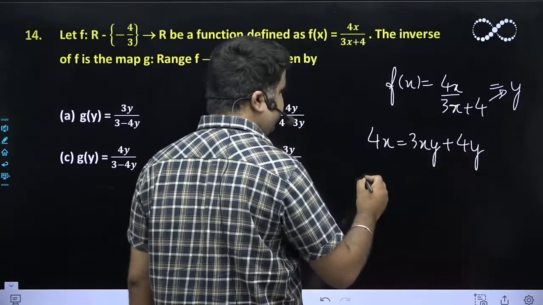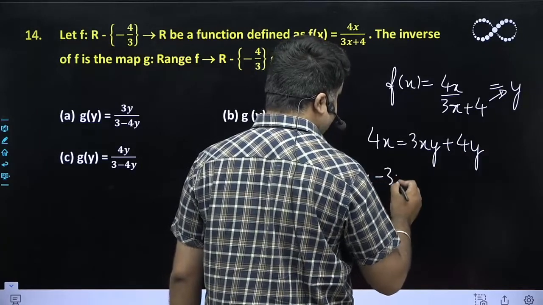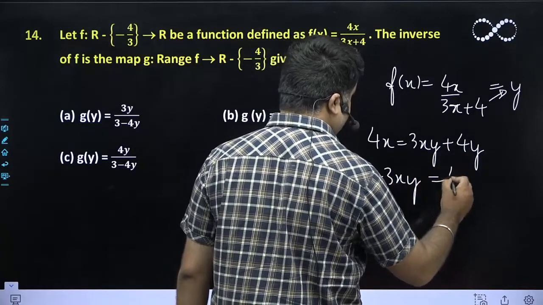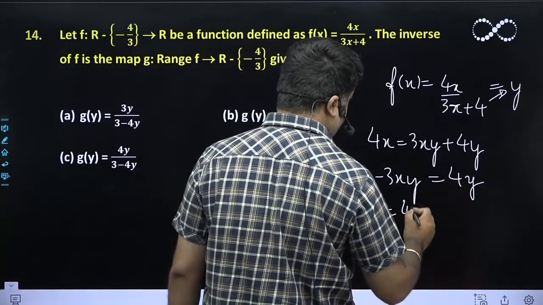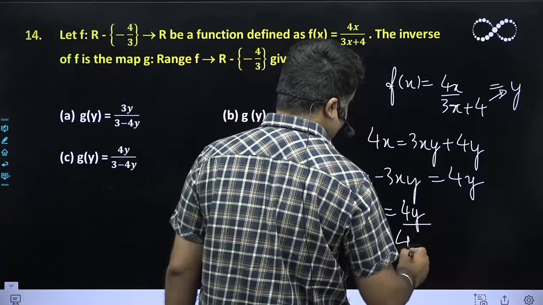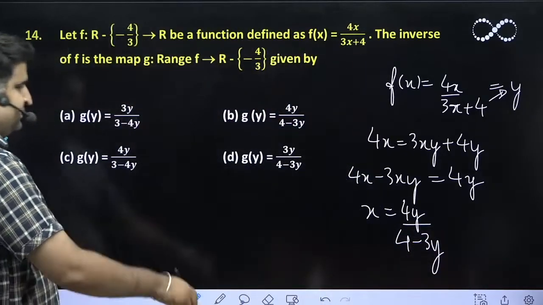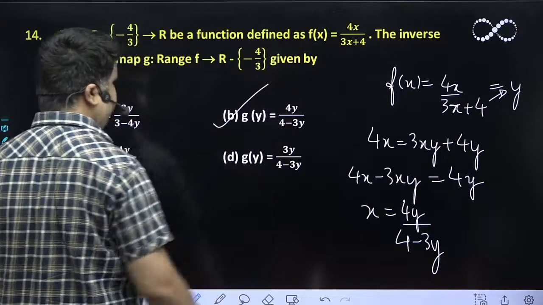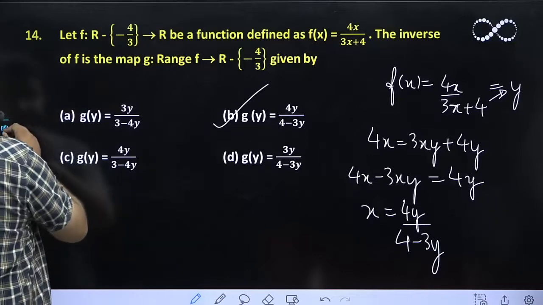You calculate the value of x. 4x minus 3xy is equal to 4y. x is equal to 4y upon 4 minus 3y. So is this the answer? This is the B option. So that's how you calculate the inverse.